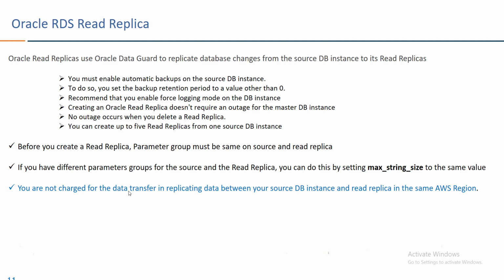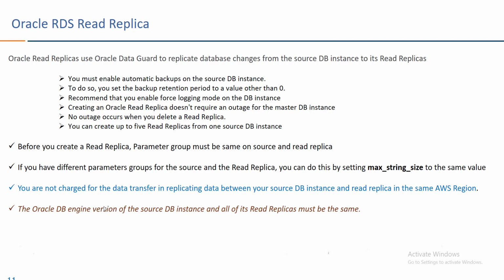You are not charged for data transfer when replicating data between your source DB instance and a read replica in the same AWS region. Suppose you have a database running in availability zone 1 and you want to create a read replica in availability zone 2, the data transfer between the two will not be charged. But if your read replica is out of region, data transfer is chargeable.